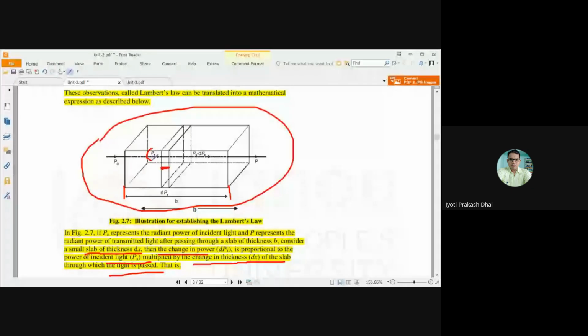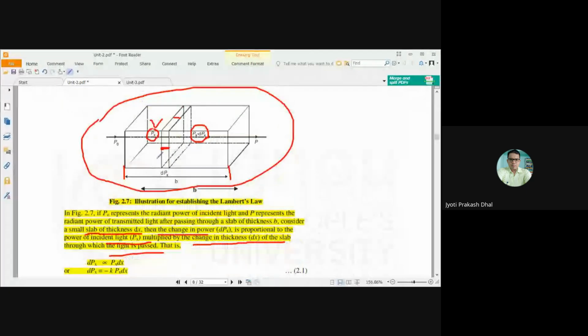Here Px is the intensity of the light before passing through this small slab, and Px minus dPx is the intensity of the light after passing through this small slab.